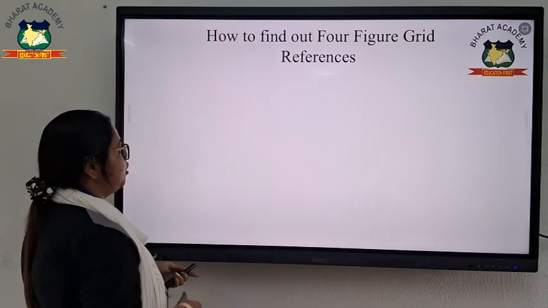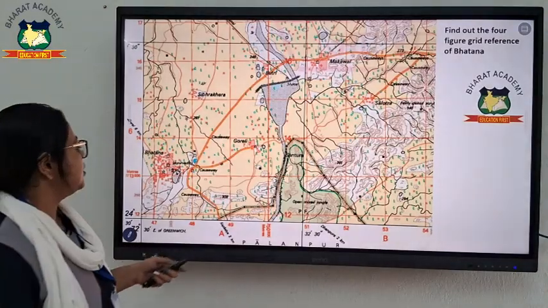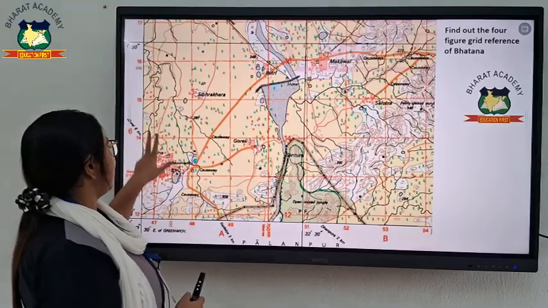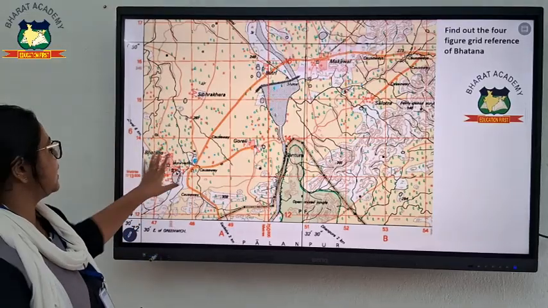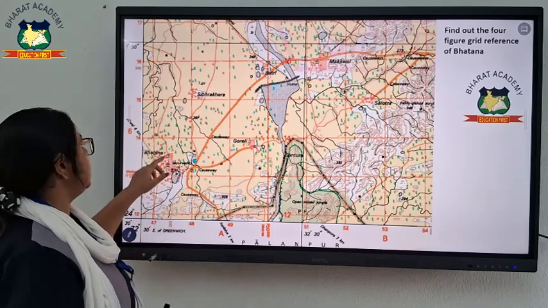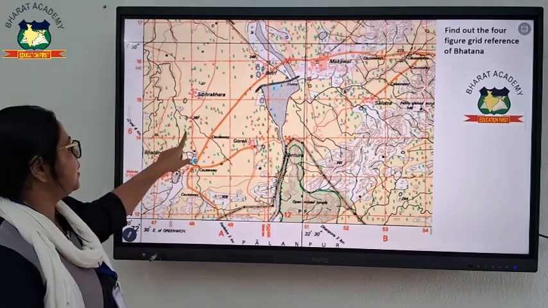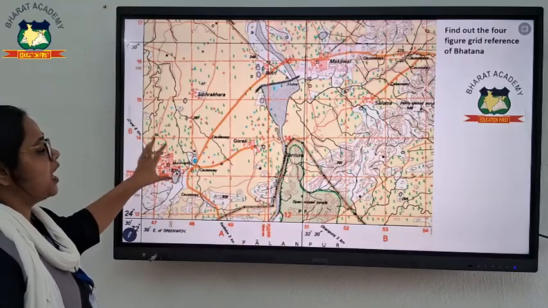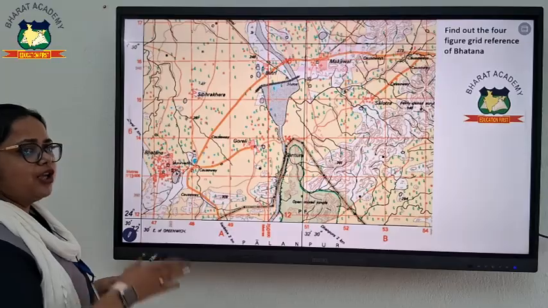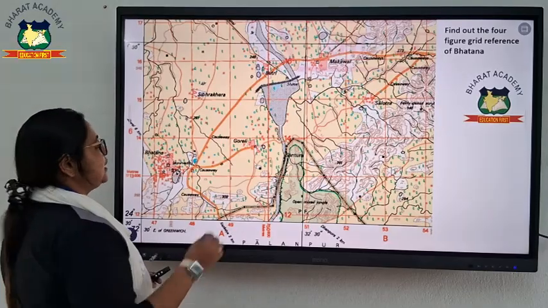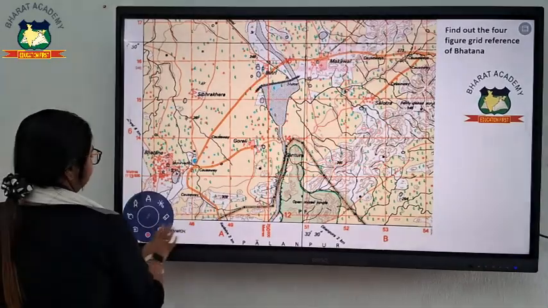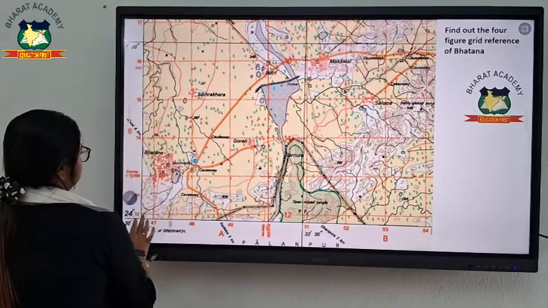So we can go to this slide and check how to find it. Here we have a settlement named Bhatana. If we need to determine the 4-figure reference of Bhatana settlement, note that 4 figures are used for larger features, and this is a large feature. Just like we did the L over there, I can do the same here.